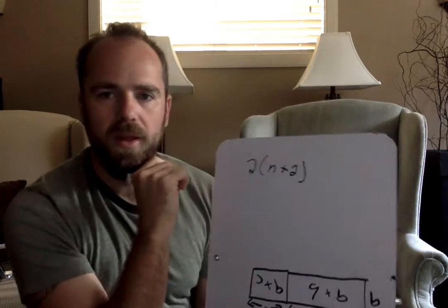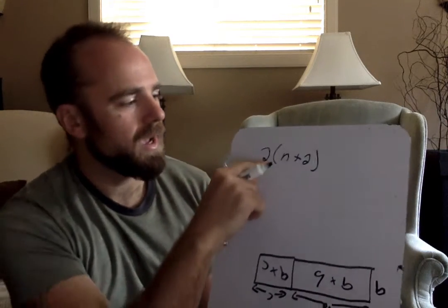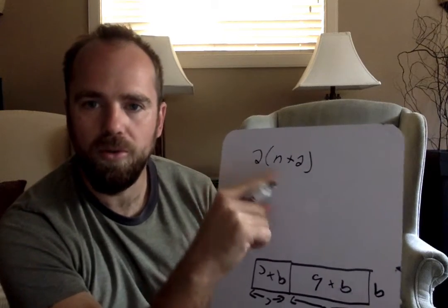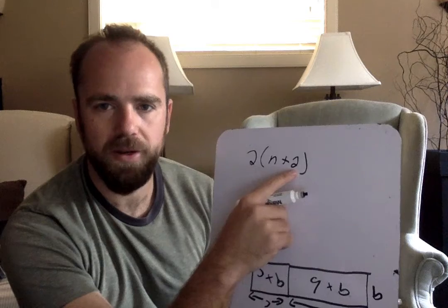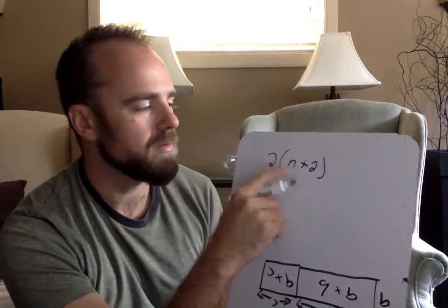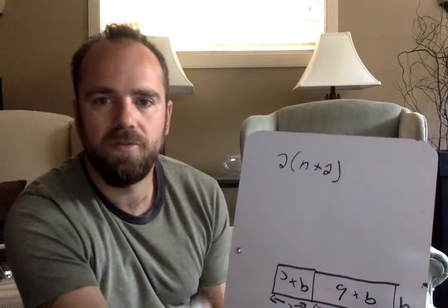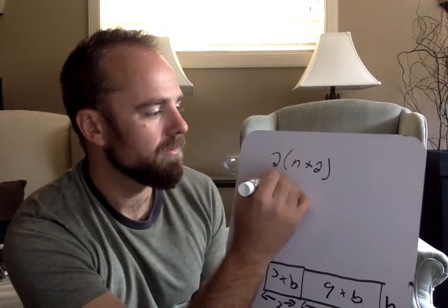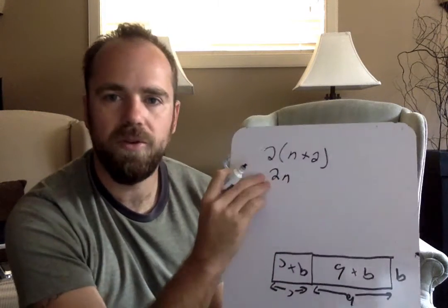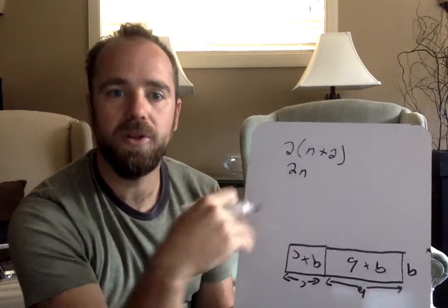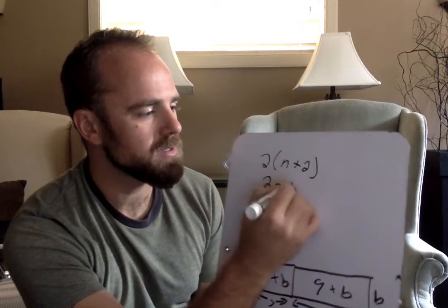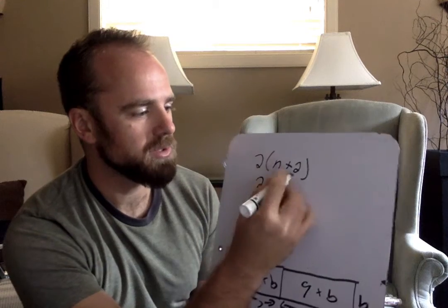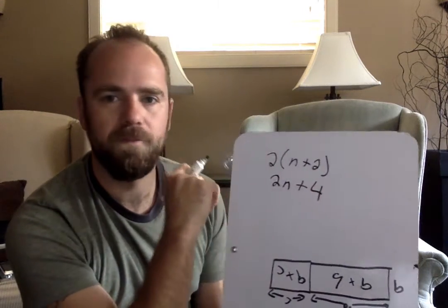This 2 multiplies into both of the numbers. Here we have a variable, and here we have a number. So 2 times n means we have 2n. Whenever you have something multiplied by the variable, you have that many variables. Plus, because that's not changing, 2 times 2, which gives us 4.